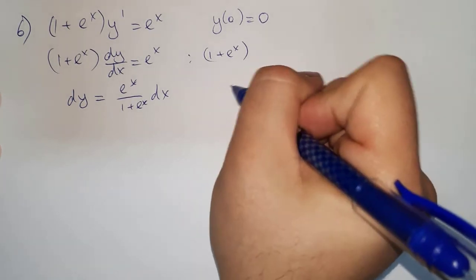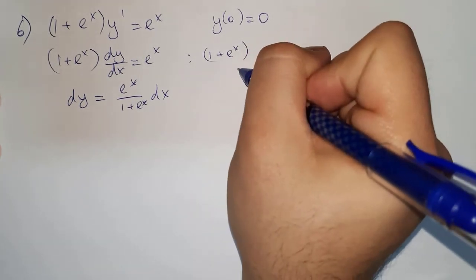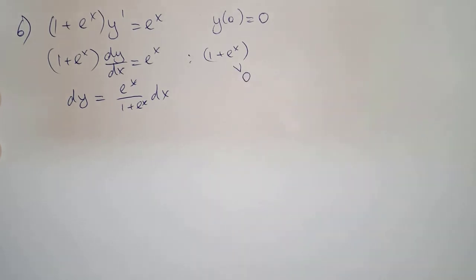Since 1 plus e to the power of x is greater than 0, we didn't miss a solution here. We always need to check it, because we can miss a solution when dividing, and if we have a solution there, we need to write it also.